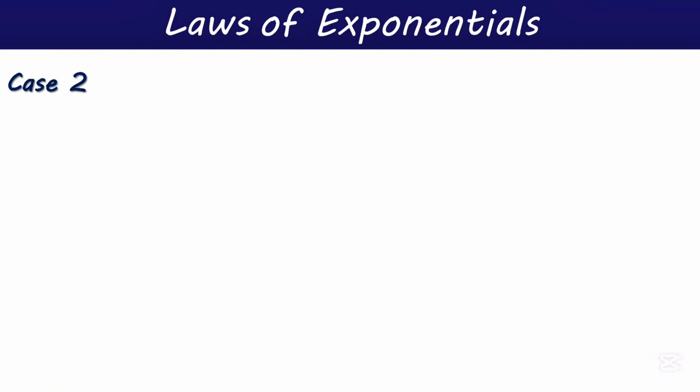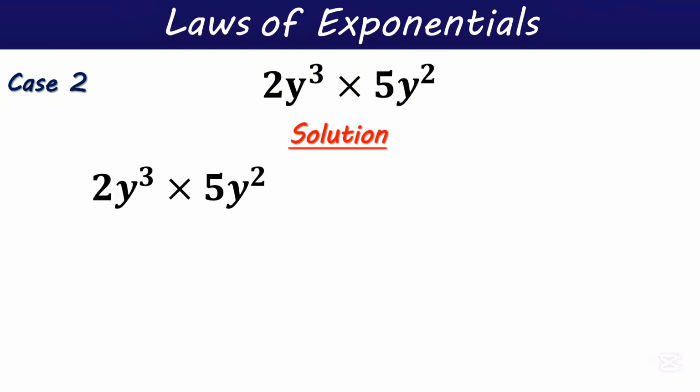Case 2, we have 2y raised to the power 3 times 5y raised to the power 2. Let's look at how to work this out. In this case, the 2 and the 5 are referred to as coefficients.